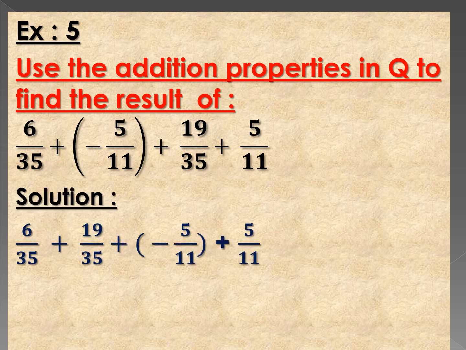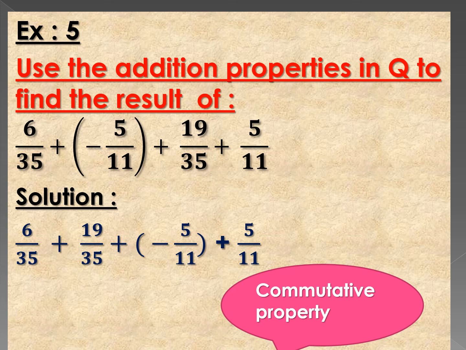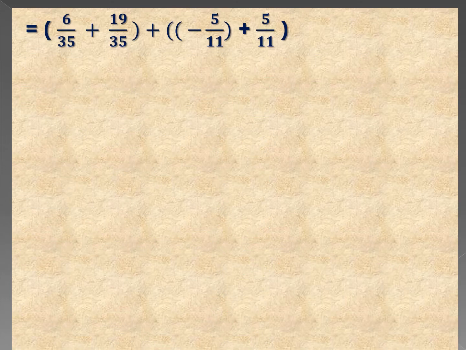So we have 6/35 plus 19/35 plus negative 5/11 plus 5/11, commutative property. The second step will be 6/35 plus 19/35 inside brackets, plus, inside other brackets, negative 5/11 plus 5/11, and this is the associative property.